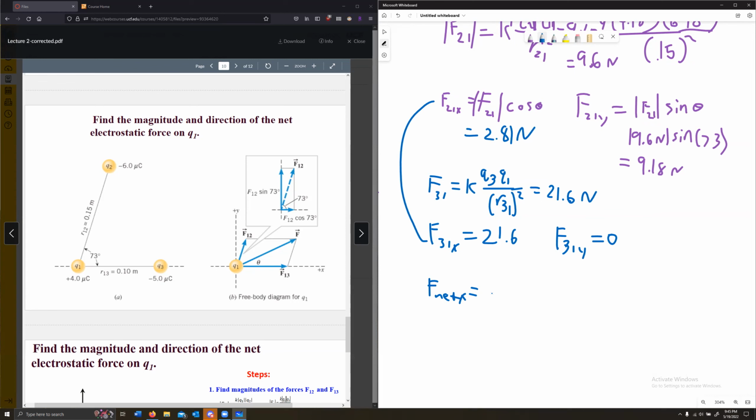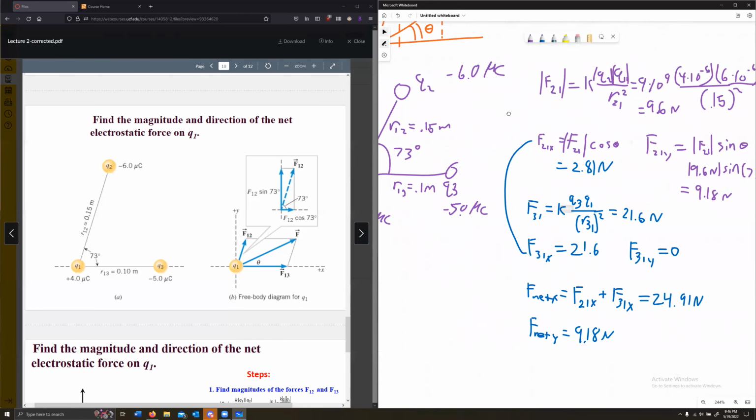So this becomes F 2,1 x plus force 3,1 x, and that gives you 24.91 newtons. And then you do the same thing for F net y, which gives you 9.18 newtons.